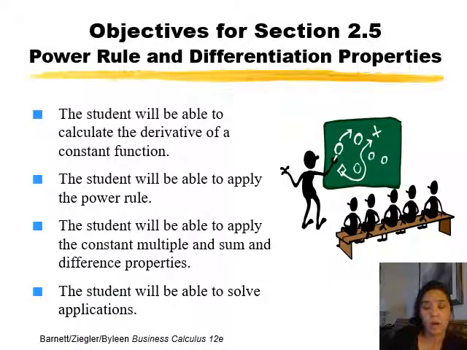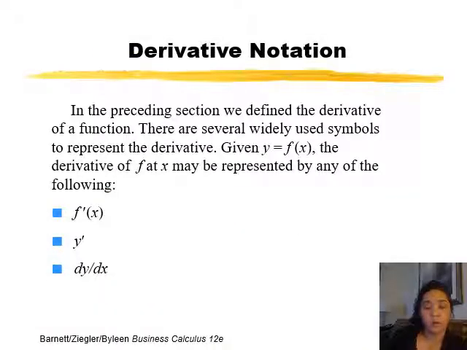So here are our objectives for this section. We're going to talk about the power rule and the differentiation properties for derivatives. So here are different types of derivative notation. We know that y is equal to f of x, right? And so the derivative of f at x may be represented by any of the following.